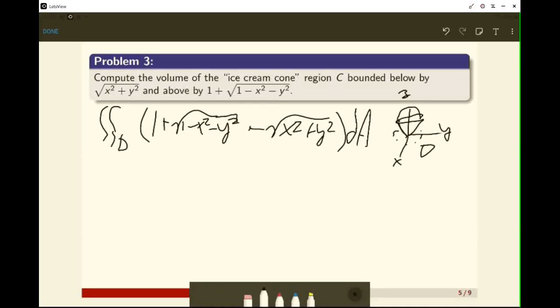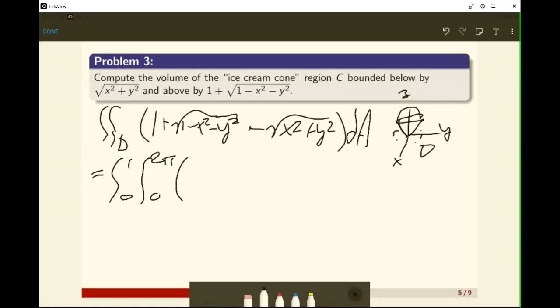If we convert to polar coordinates in this disk D of radius 1 that we're lying over, we see that we've got this integral where the radius in the disk is going from 0 to 1, and the angle goes all the way around the disk from 0 to 2 pi, because we're taking the full circle. And then we here have to reinterpret our function in terms of r and theta.